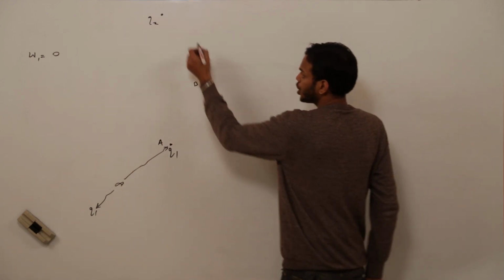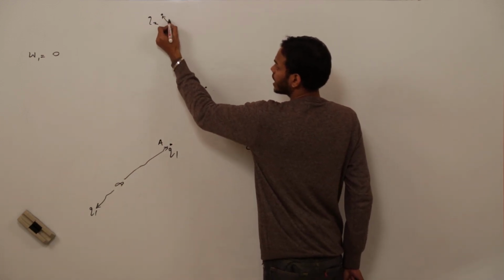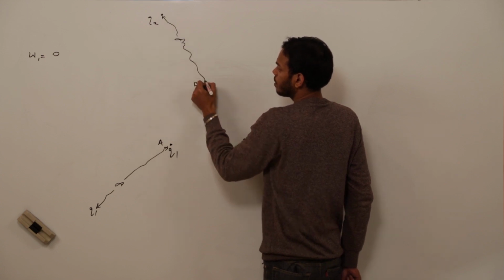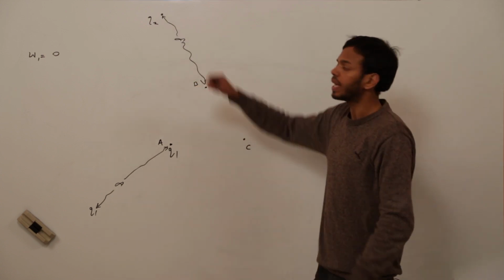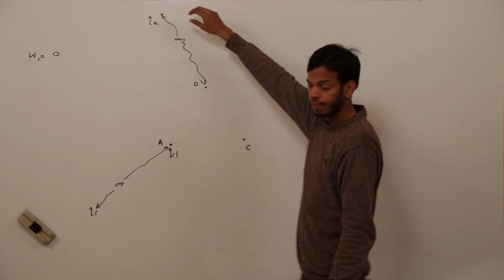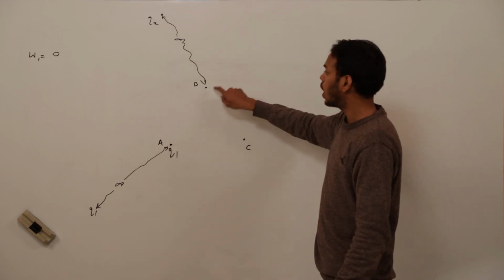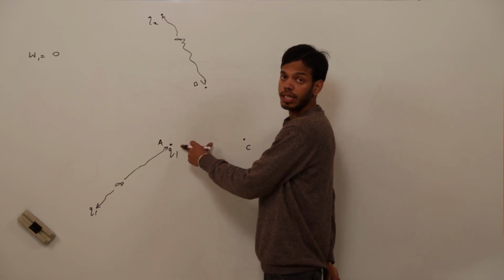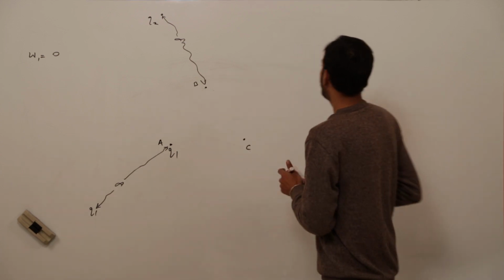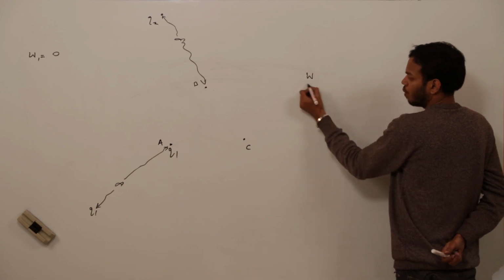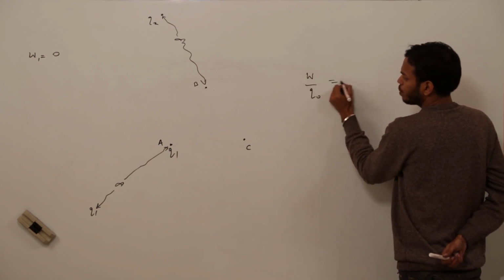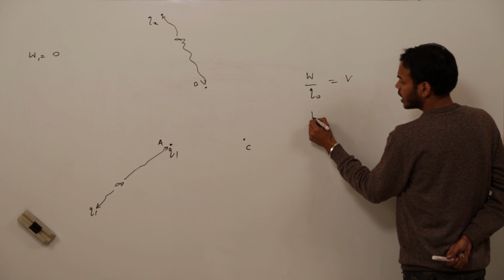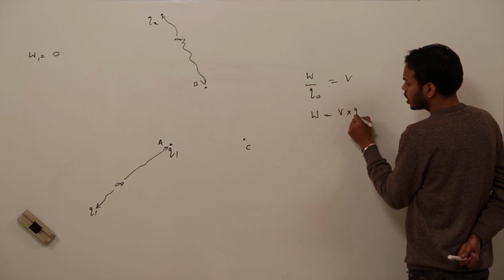I have another charge Q2 which is again at infinite distance from point B. I am bringing this charge from infinity to this point B. Work done will be, now we have a charge already present in the system. So what is work done? Work done per unit charge is potential, right? So work done is potential into charge.